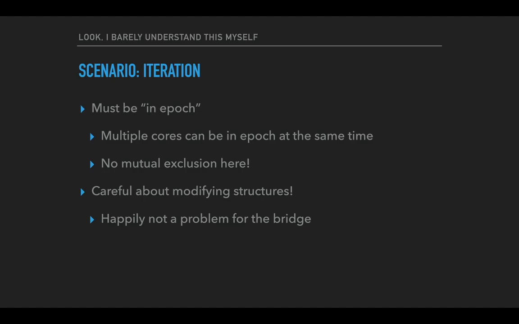In fact, the way this works in FreeBSD is because we can have many cores enter epoch at the same time, there is no reason to keep the area covered by an epoch small.